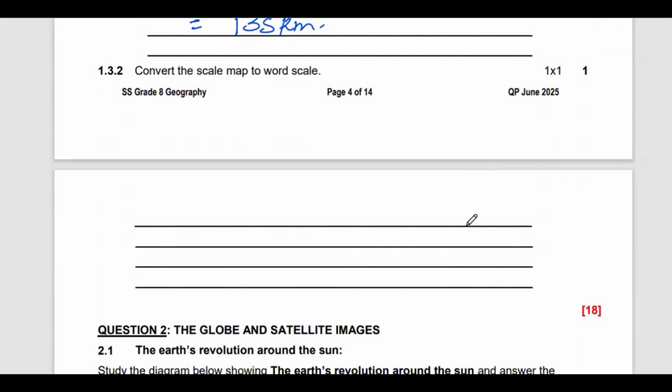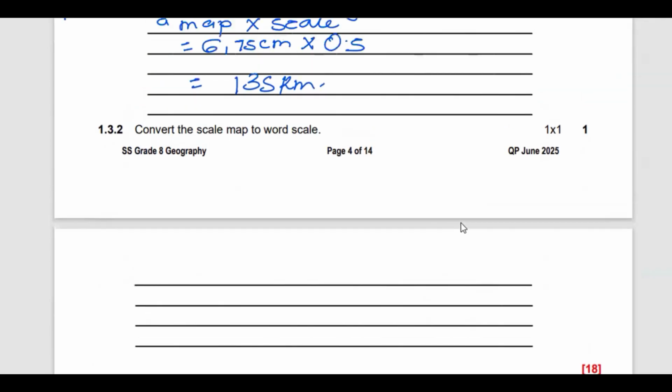All right, convert the scale map to word scale. The scale map is a ratio scale of 1 to 50,000.